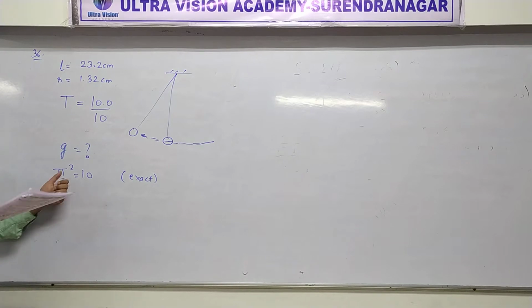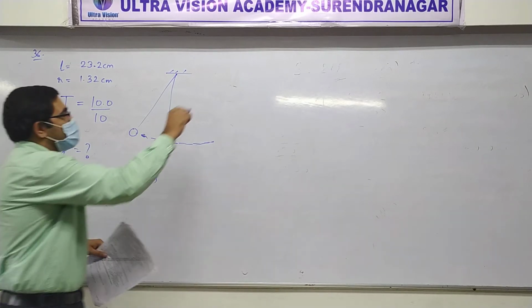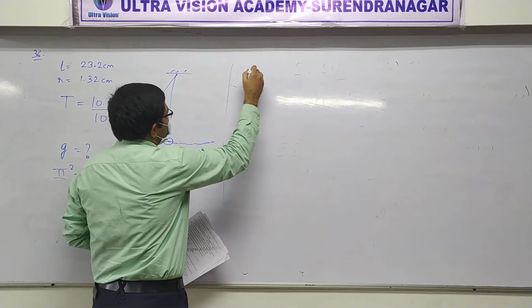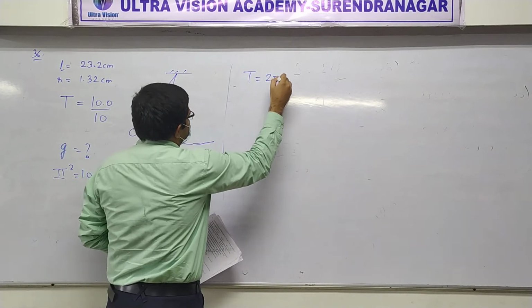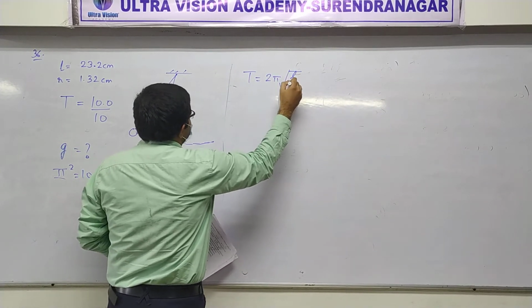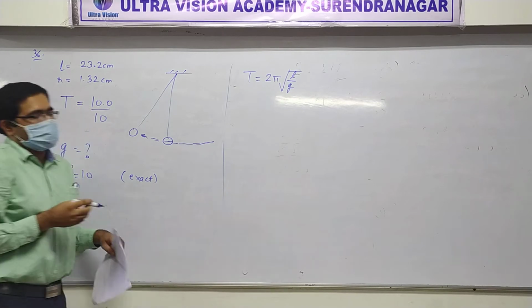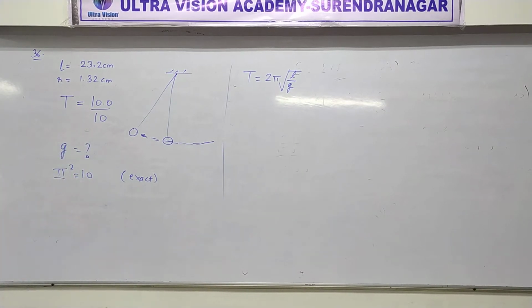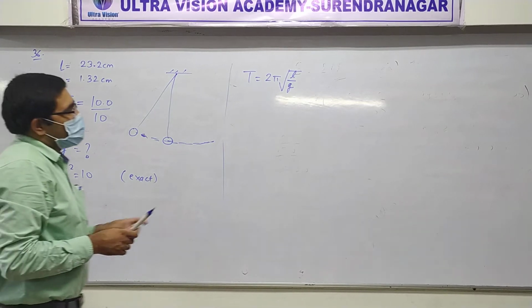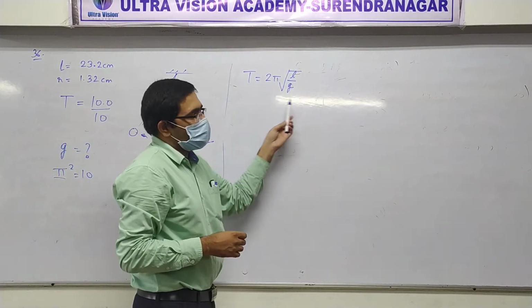Anyways, this is what we have to do now. So what's the relation among all these? Now this is something that we will definitely study in 11th standard itself: the relation of the time period of a pendulum with L and G. T is equal to 2 pi under root L by G. From this we'll try and find out what is G. First of all, this is a root.